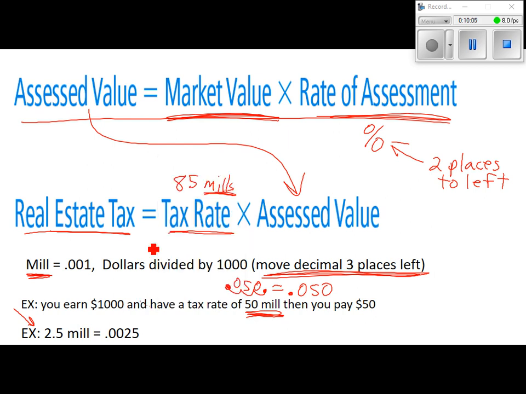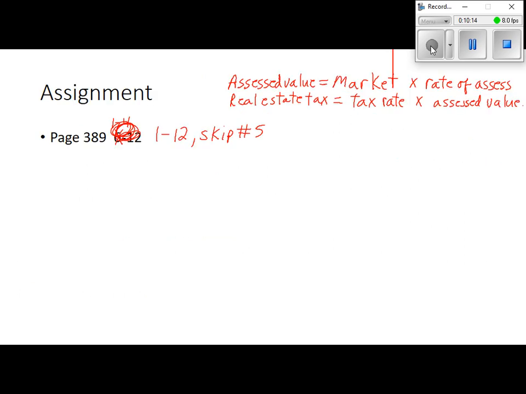So we're going to use those two formulas. I'm going to give you the assignment, but we're going to add a couple of problems and do them together in this video. The assignment is page 389, 1 through 12, but skip number 5, and we're going to do 1 through 4 together. So get your books out and copy down what we do on 1 through 4, and that'll help you with 6 through 12, which you need to do on your own.